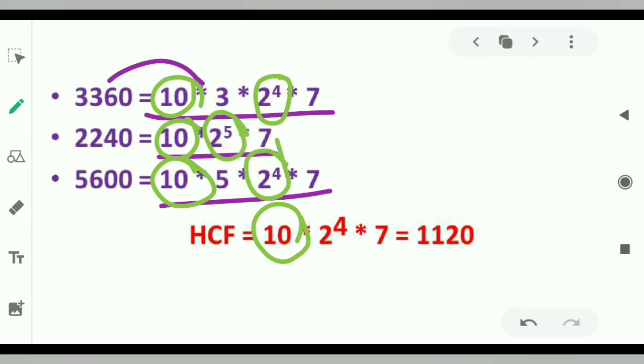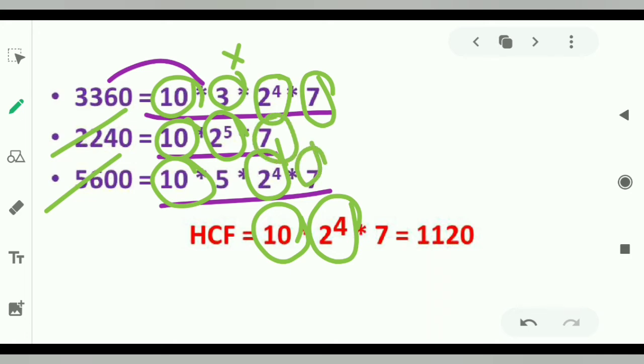What is the least power? 4. Good. Then if we take 3, 3 is not a common factor because 2240 is not divisible by 3, 5600 is not divisible by 3. If we take 7, it is 7 to the power 1.